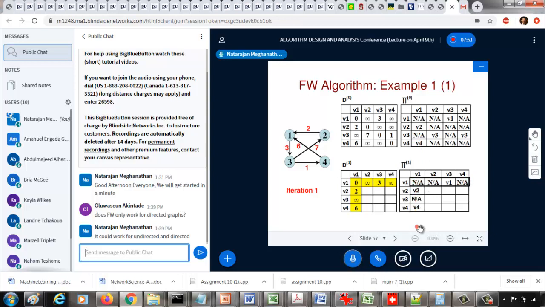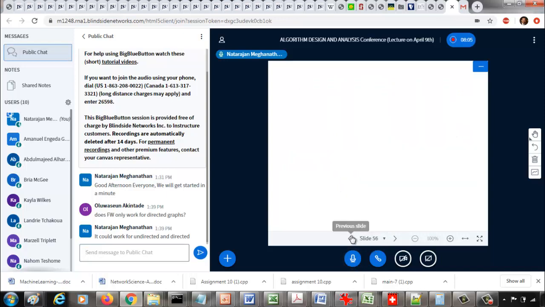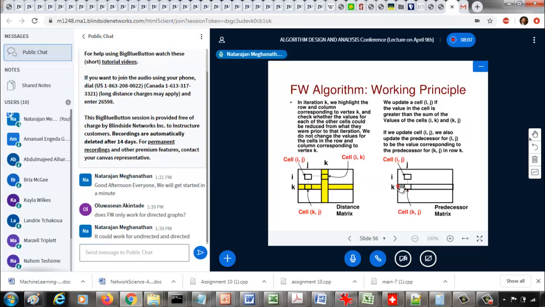And make sure you also highlight row 1, because that's row k, which you use to update the predecessors if any of the estimated values change. So remember, whatever is the predecessor on the path from k to some vertex j, we have to set that as the predecessor on the path from i to j as well.